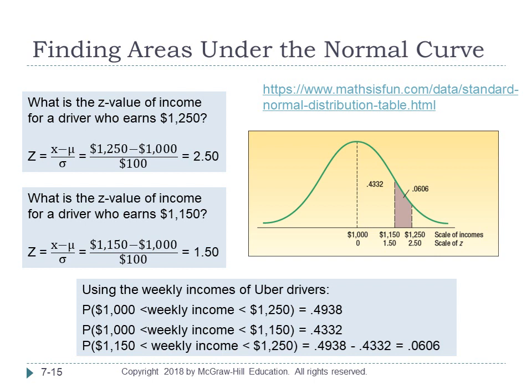If I take 0.4938 minus 0.4332, you get 0.0606. This is the shaded area. This is the probability that z will be between 1.50 and 2.50, which is the same probability that the income will be between 1,150 and 1,250.